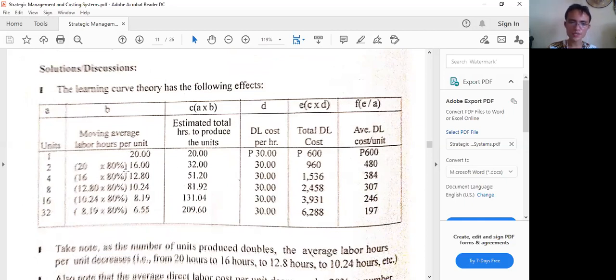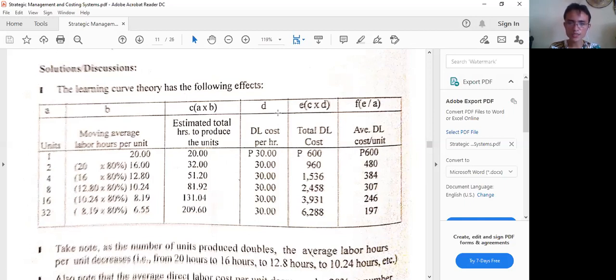So 20 times 80%, that's 16. If we want the long method, 20 times 20%, that's 4. 20 minus 4, 16. And we can continue the process, so what we can do is multiply those values by 80%. And the estimated total hours to produce the units would be the number of units multiplied by the moving average labor hours per unit.